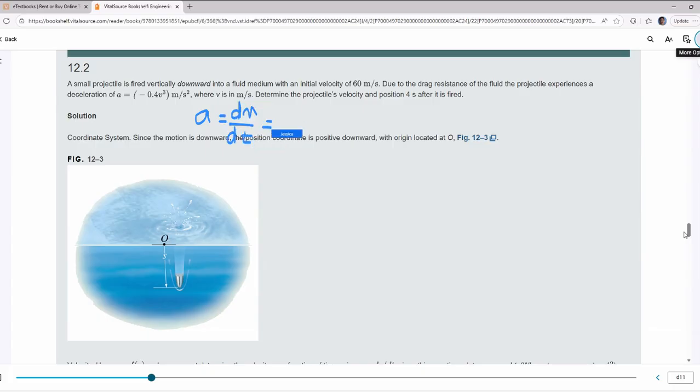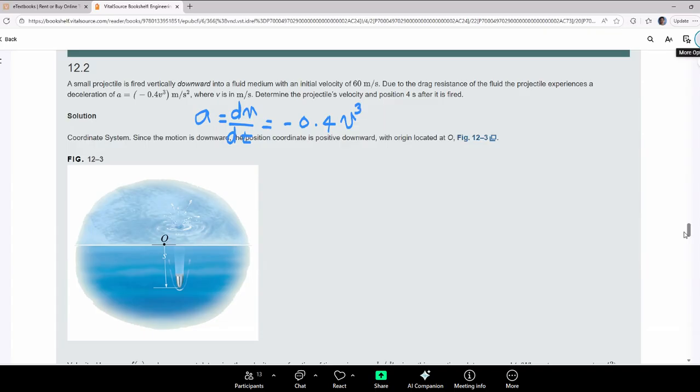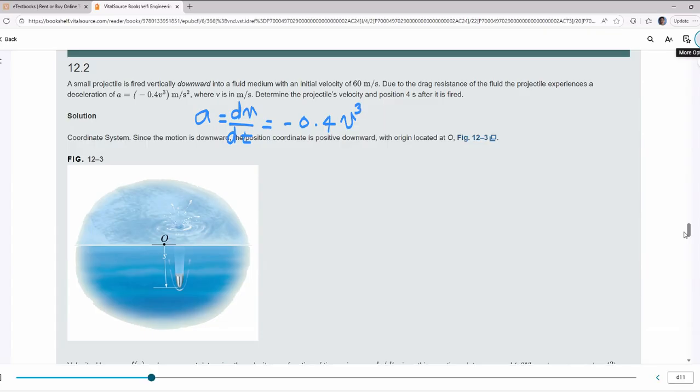That equals negative 0.4 v to the third power. Okay, on the left-hand side, v and t, two variables, whereas on the right-hand side, only the v variable. Then we need to separate the variables, right? Okay, first of all, we solve for dv.